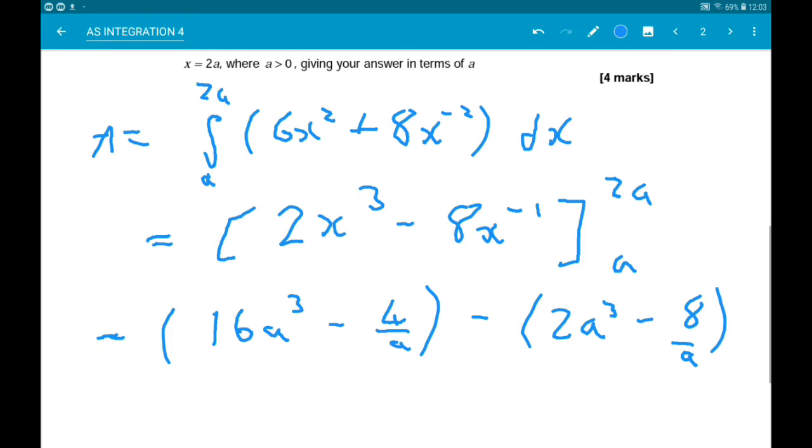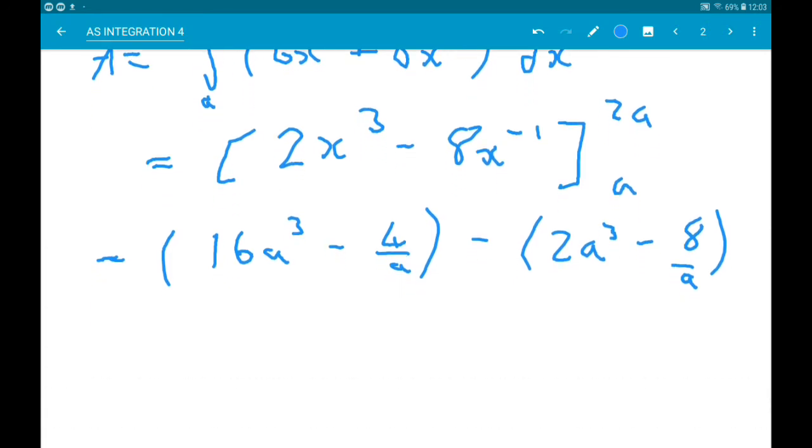Okay, now altogether, we then have 16a cubed minus 2a cubed minus 4 over a.